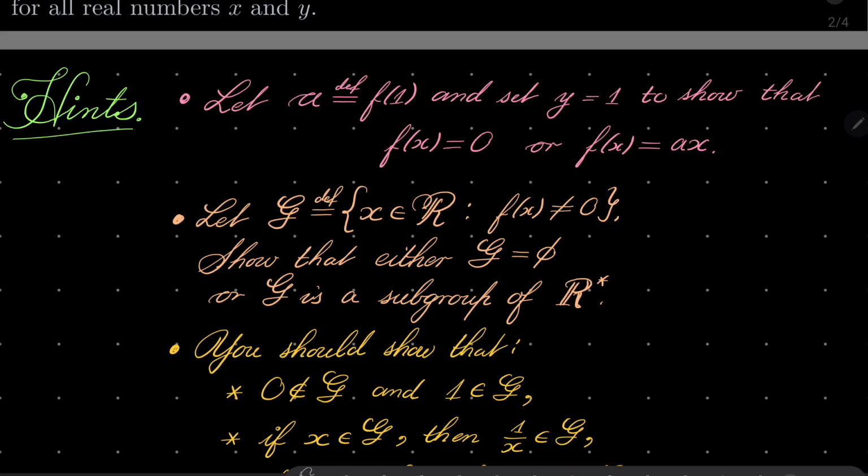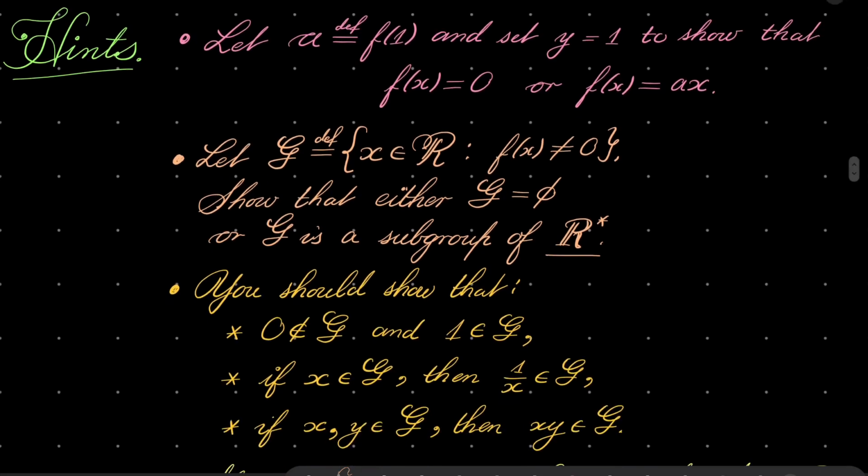And then define set G to be the set of all real numbers at which our function is not 0. And you should show, here comes the beautiful part, that either G is an empty set or G is a subgroup of non-zero real numbers with multiplication. What is a subgroup?